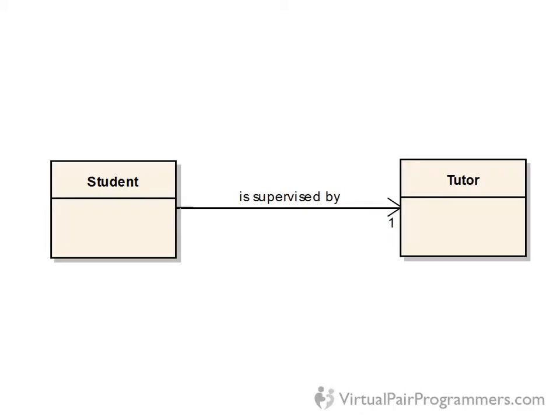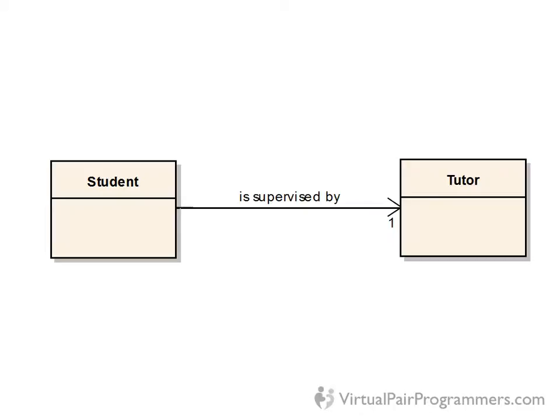Now I'm going to expand our example that we've been working on throughout this course. You're familiar now with the student class, and we have the data in there of an enrollment ID, a student name, and so on. We also had an attribute holding the tutor's name.